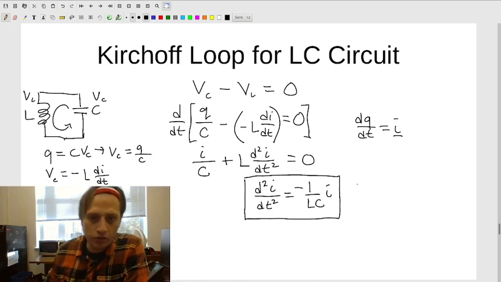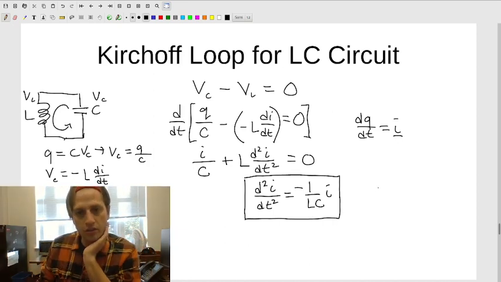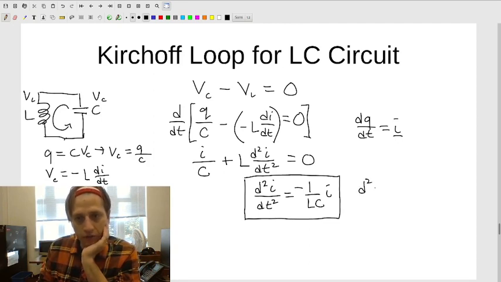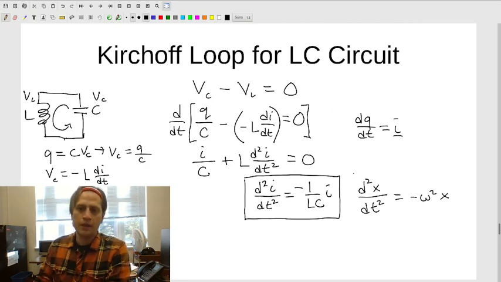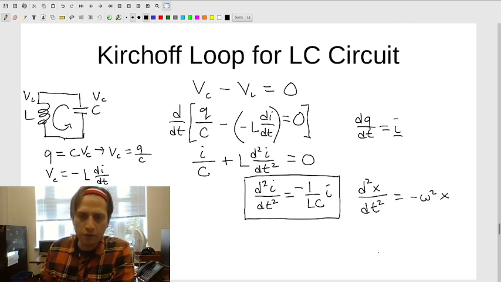Now I want you to notice that this looks a lot like the form that we found for a simple harmonic oscillator. It looked like this. And why is this a familiar form?